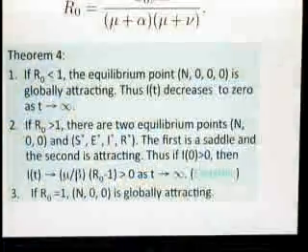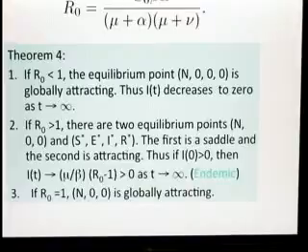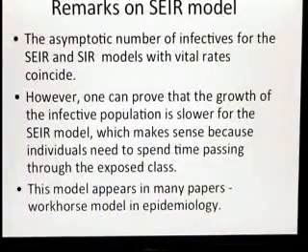Those who are very observant will notice that I of t in this model approaches this number, which is the same number you've seen on a previous slide for theorem 3. You just have to compare.